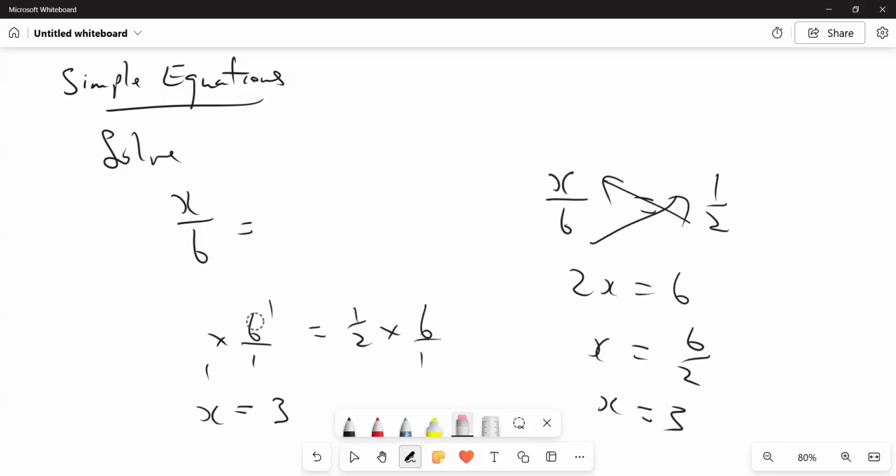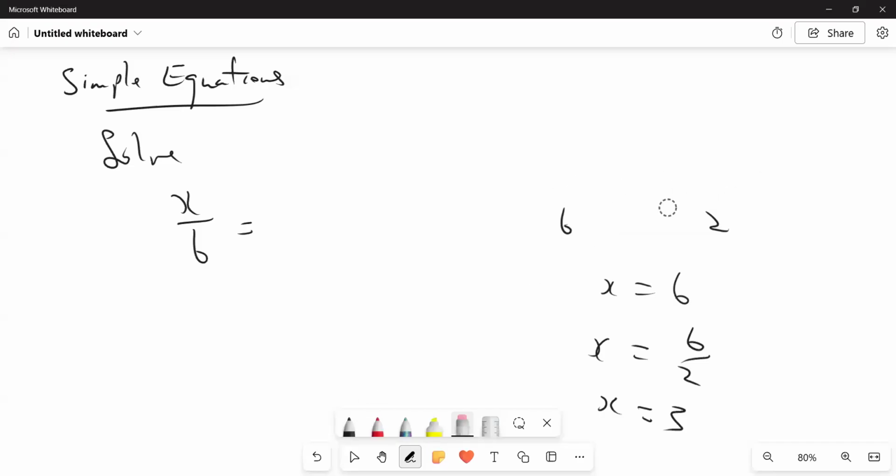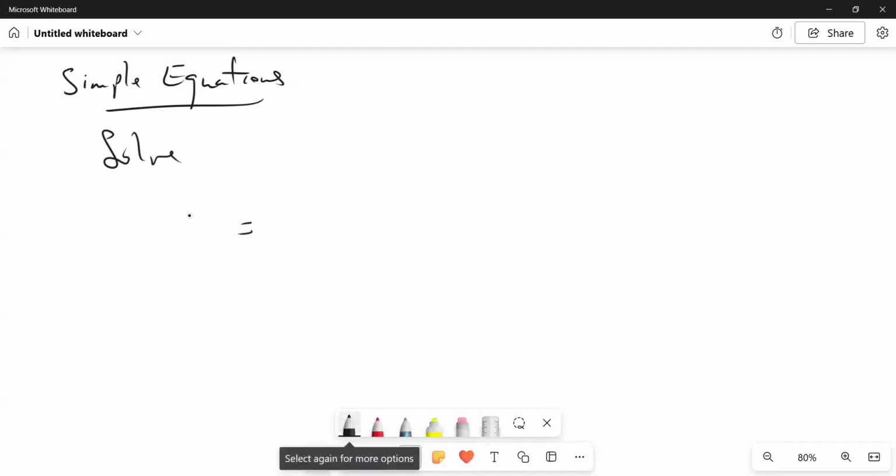What about if you have this now? Let me give you another one. You have something like this: 1 over x equal to, let's say, 3.